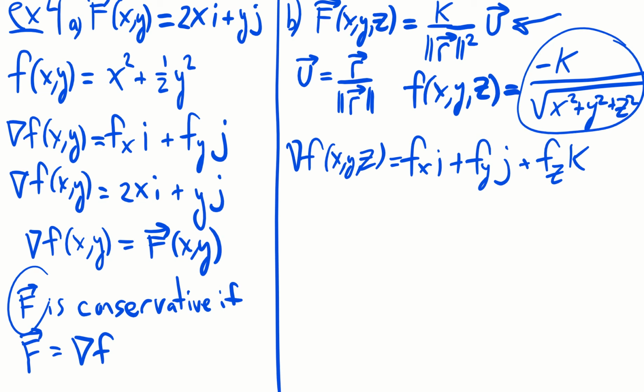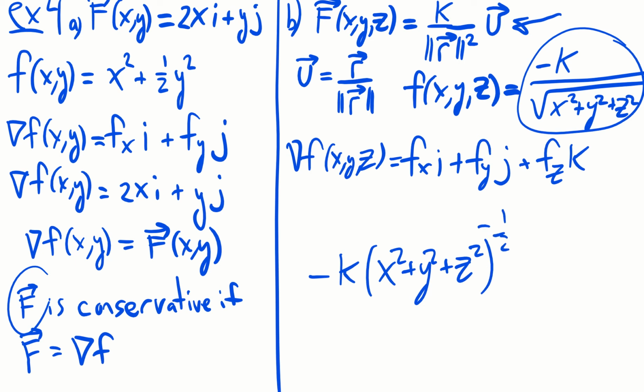This function f is symmetric, so we should be able to fairly easily compute one partial derivative and then pick up on the pattern to get the rest of these. So I'm just going to do one of them. Let me do the partial of this with respect to x.